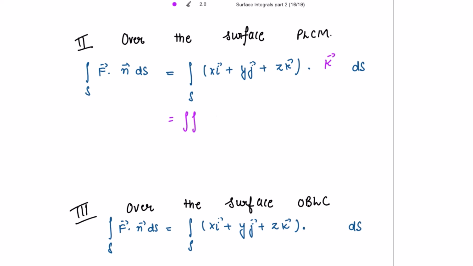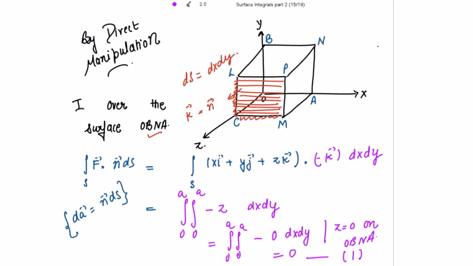When taking the dot product, we get z dx dy, and the limits from 0 to a. Now here z is equal to a, right? This distance is also a, and this distance is also a.